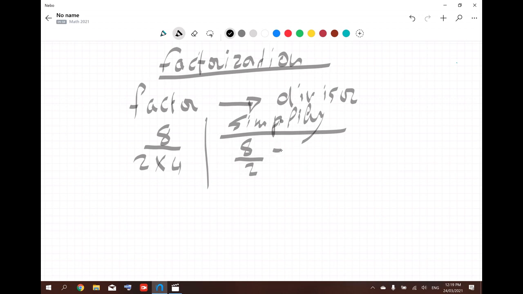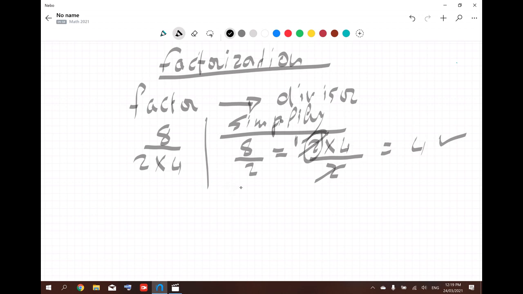This is simple mathematics, but just to show the concept, if I express 8 as a product of its factors, 2 times 4 on 2, then can we simplify 2 by 2? 2 divided by 2 is a 1, and 1 times 4 is equal to 4. Is 8 divided by 2 equal to 4? Yes, so we can actually simplify 2 by 2. Why? Because 2 is multiplied by 4.